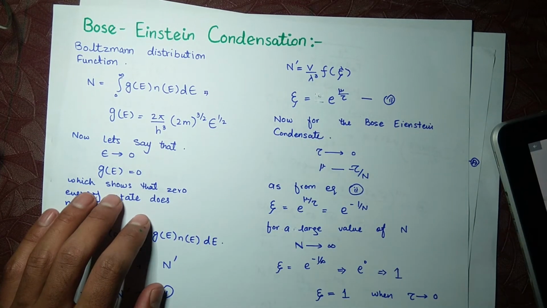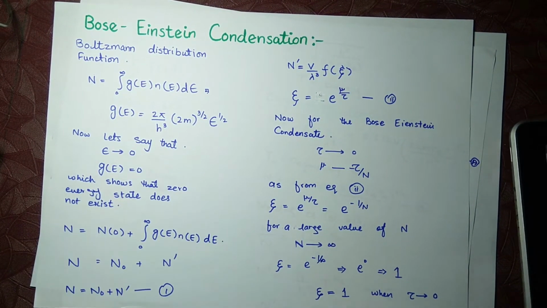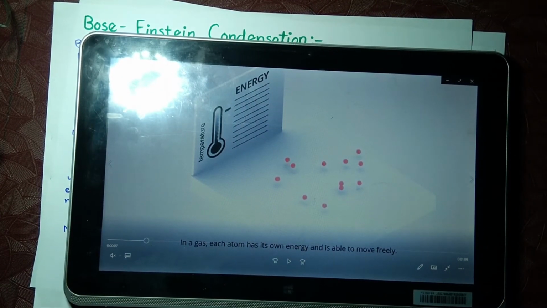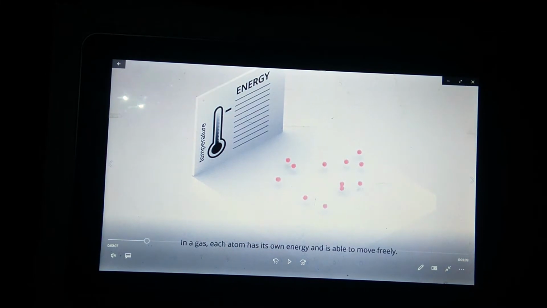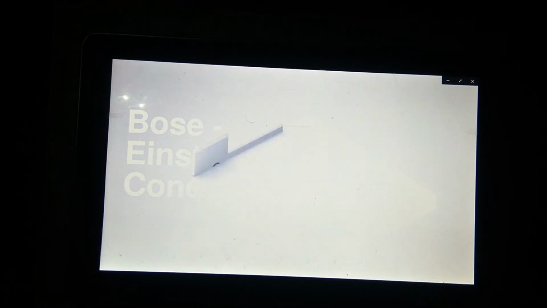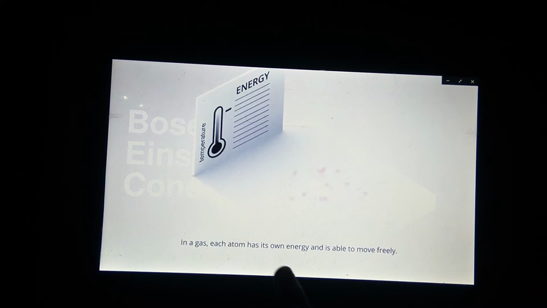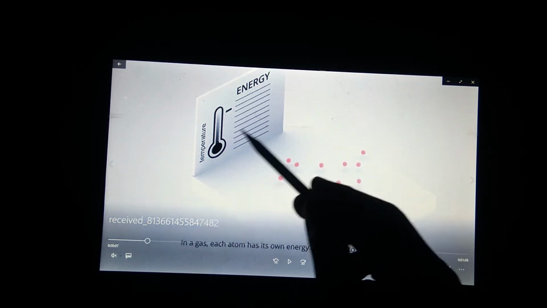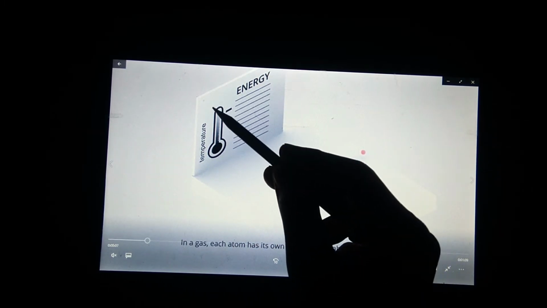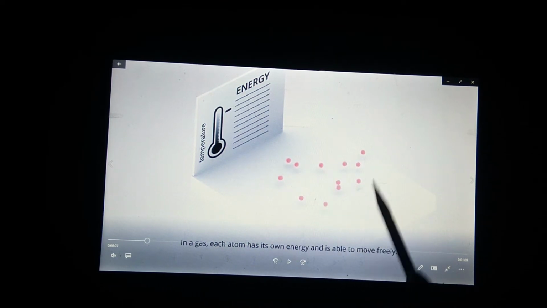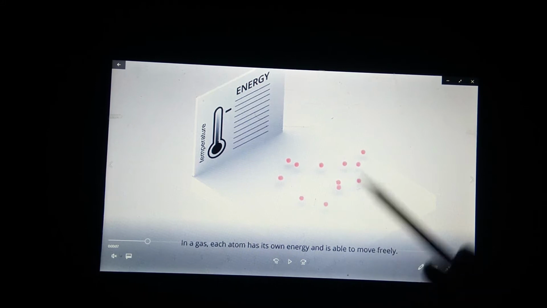So let's have a look at our animation first, to see what a Bose Einstein condensation is. You can see on your screen some energy levels. This thermometer here is showing temperature, and these are the motions of molecules, the randomness of molecules.